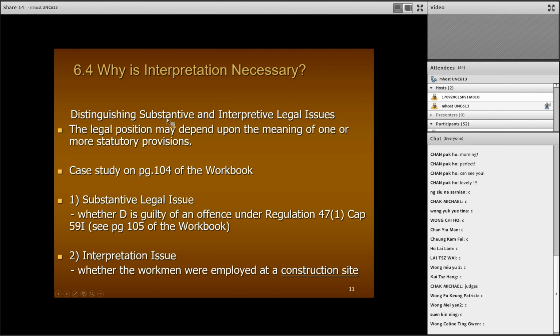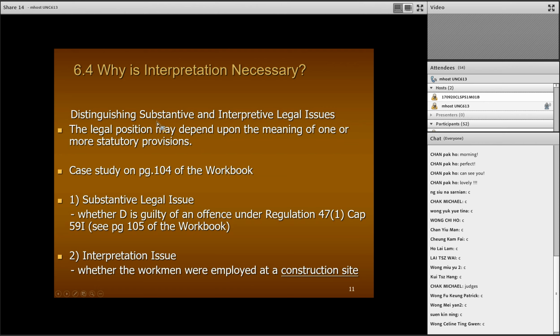First of all, we have to distinguish substantive and interpretive legal issues. A substantive issue means an issue relating to substantive law. For example, in contract law, all the issues are substantive legal issues, because a substantive legal issue means a legal issue relating to substantive law.